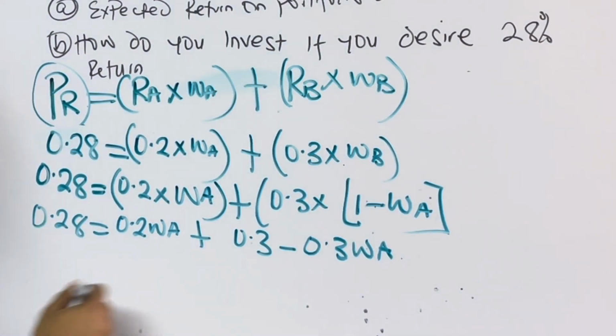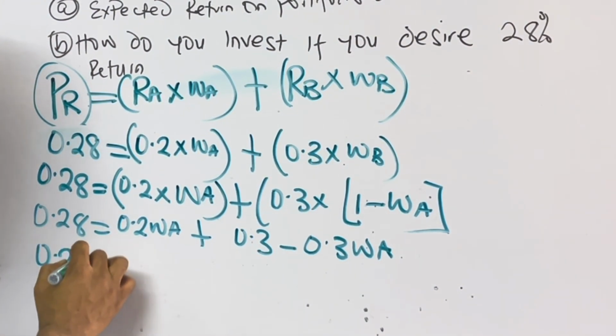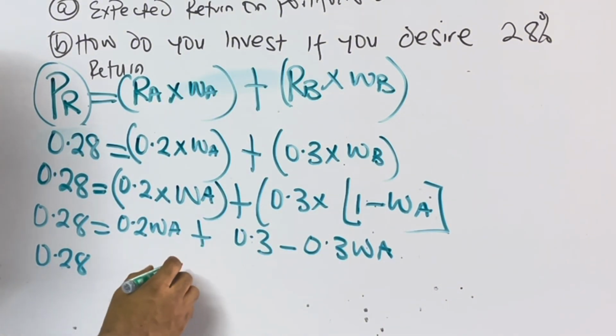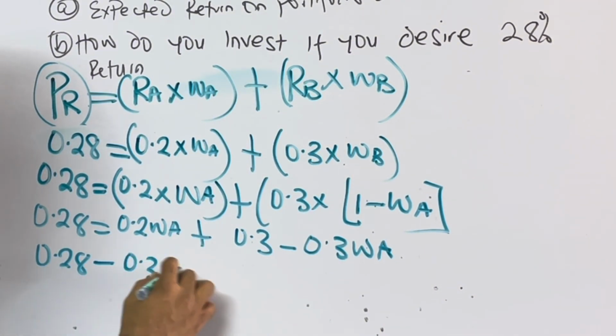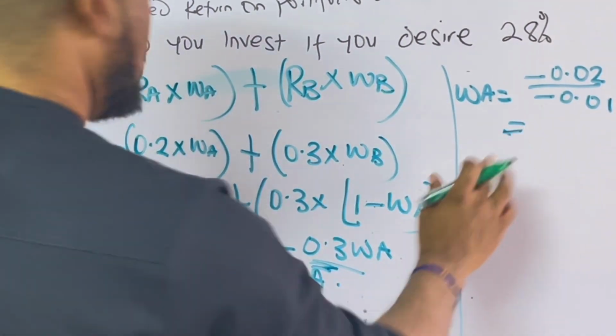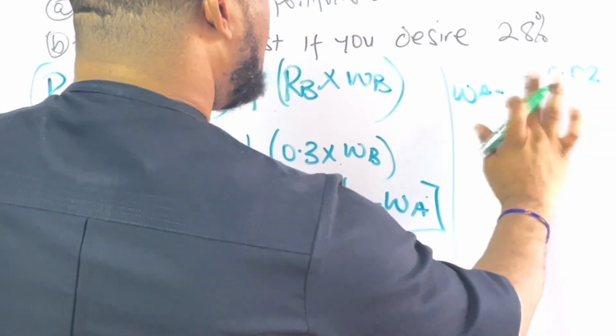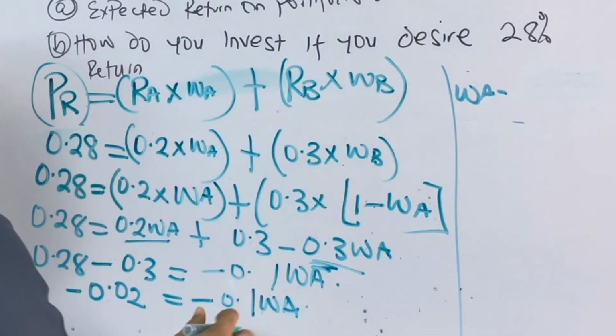All right, so I can collect the like terms. So this is 0.28. I'll bring this here, minus 0.3 equals weight of A times minus 0.1. All right. So that means for our weight of A, we divide both sides by minus 0.1.